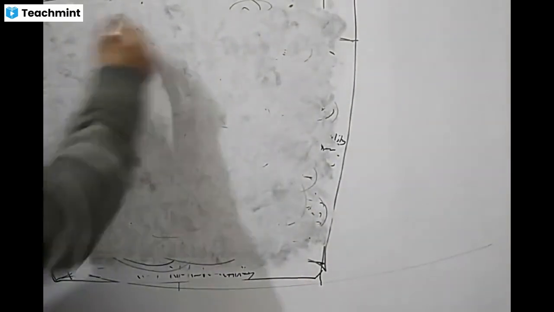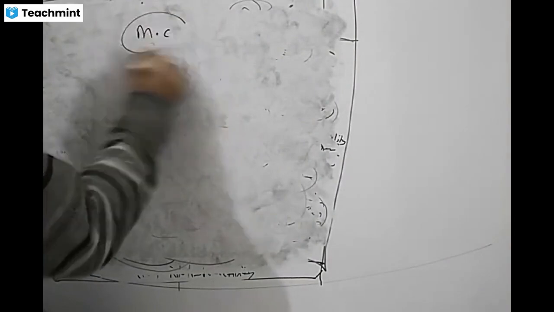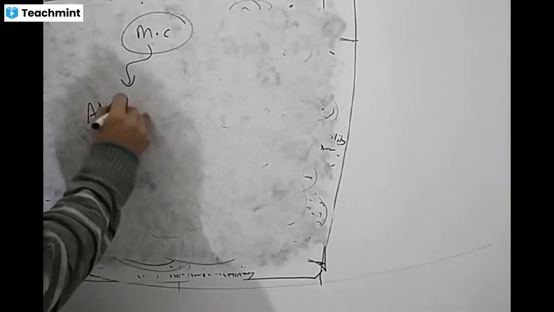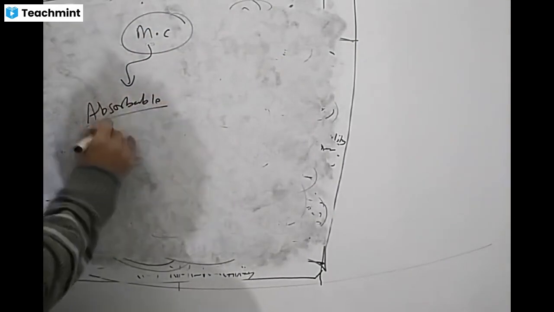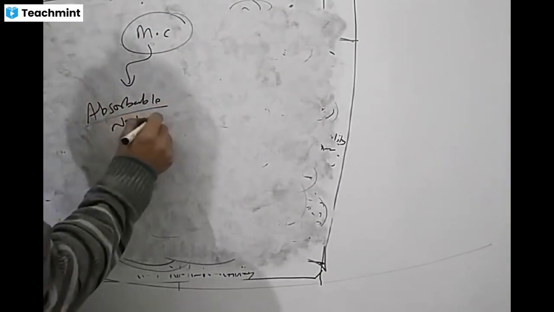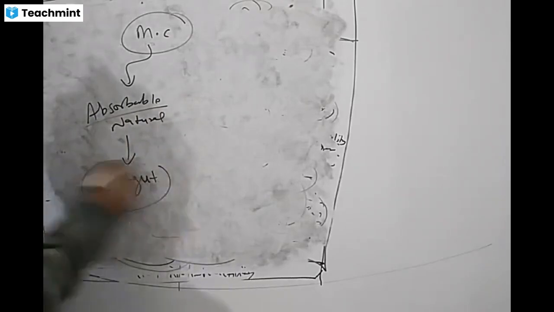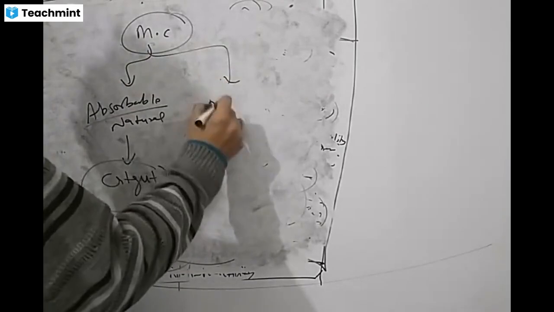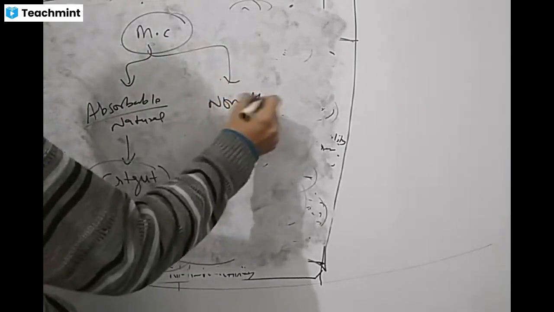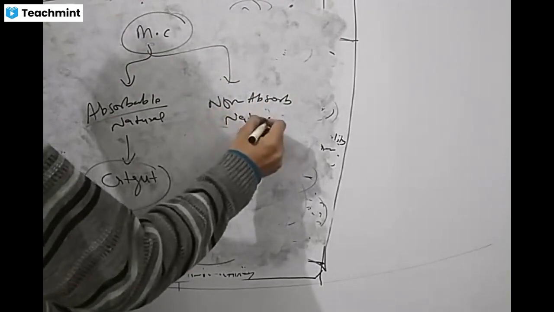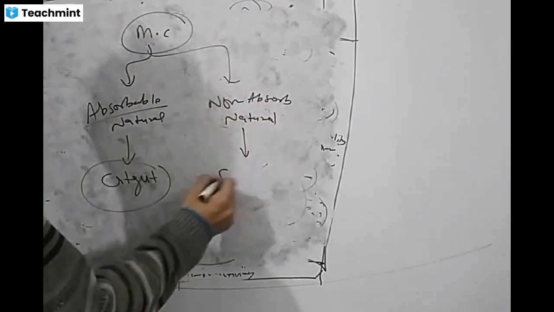There are two MCQs. If they ask most commonly used absorbable natural suture material, the answer will be catgut. Most commonly used non-absorbable natural one, the answer will be silk.